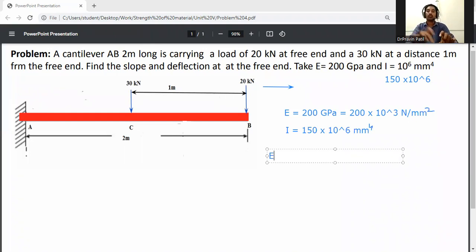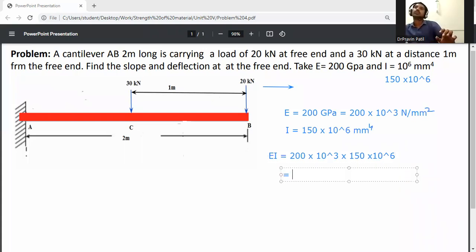EI is equal to 200 into 10 raised to the power 3 into 150 into 10 raised to the power 6.